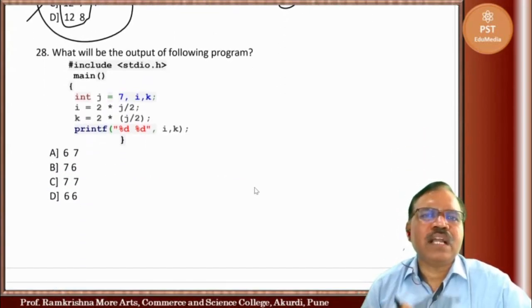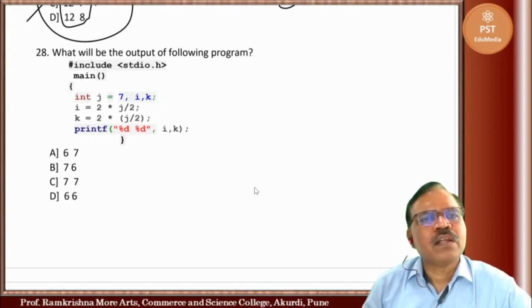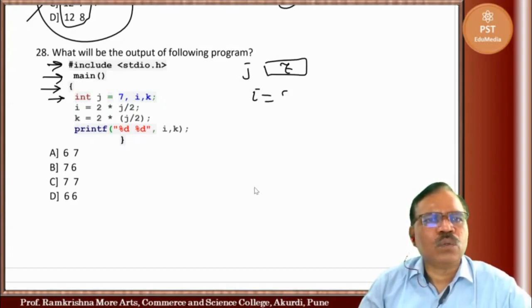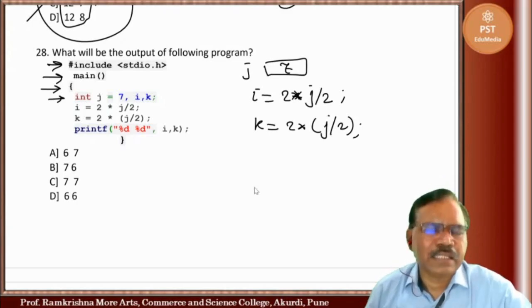Now what will be the output of the following program? Hash include stdio.h, main, then curly brace, int j equal to 7. Now i is equal to 2 star j by 2 and k is equal to 2 star in bracket j by 2.